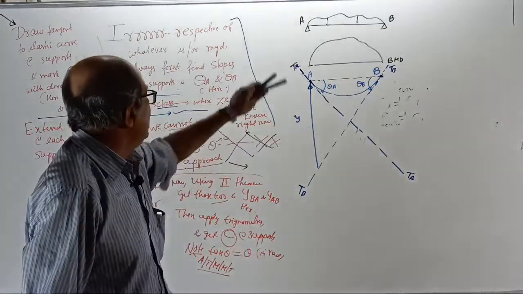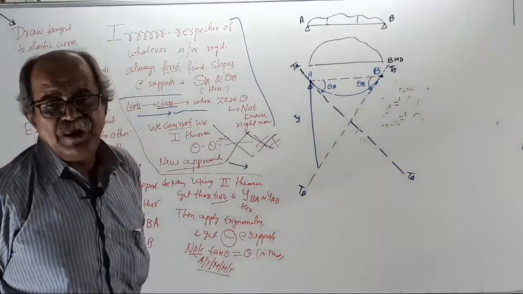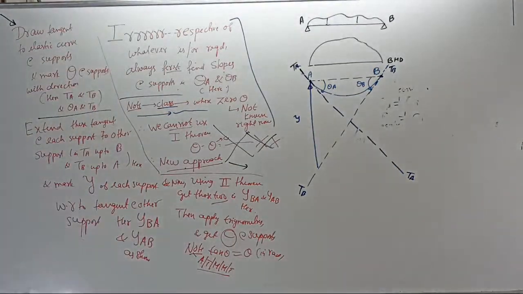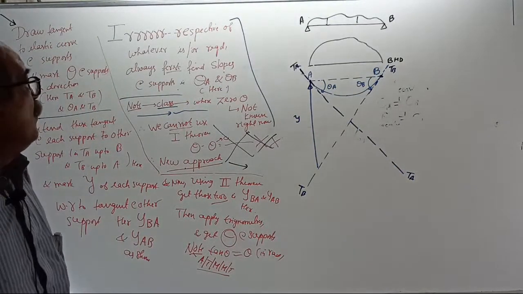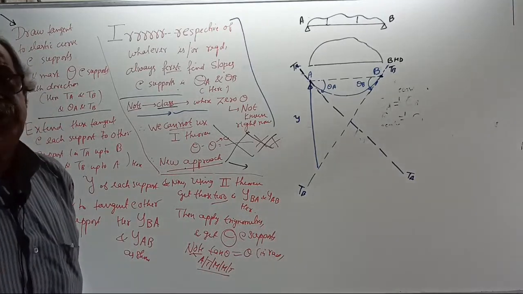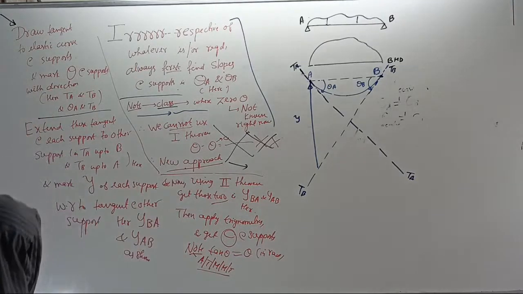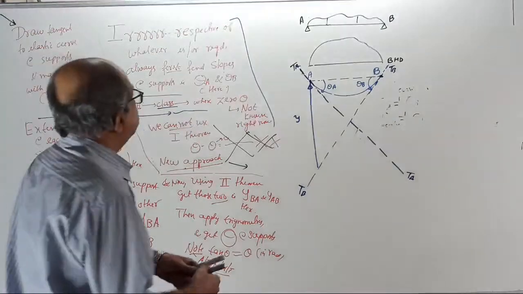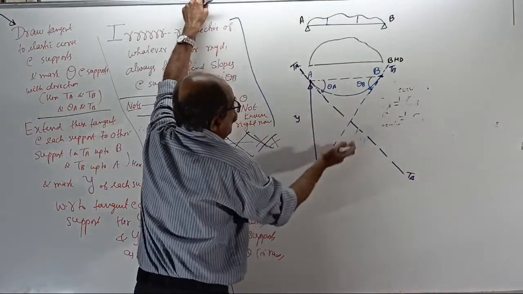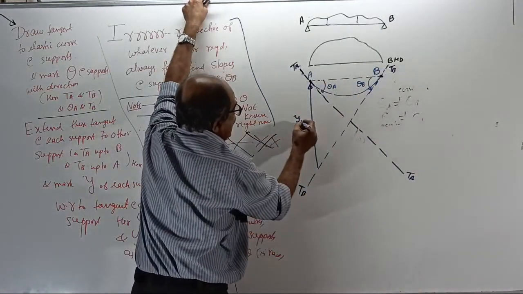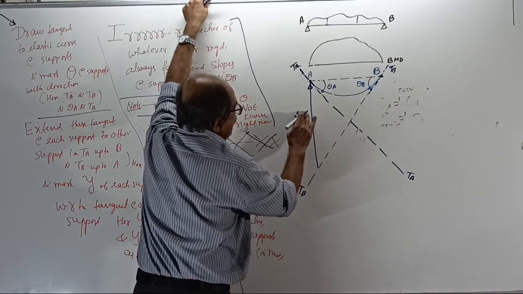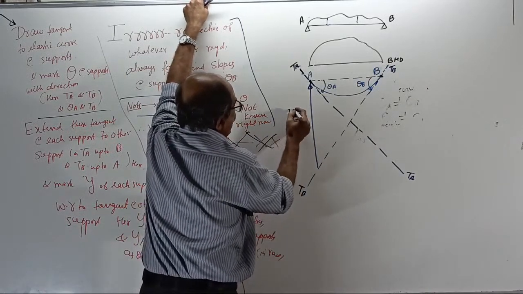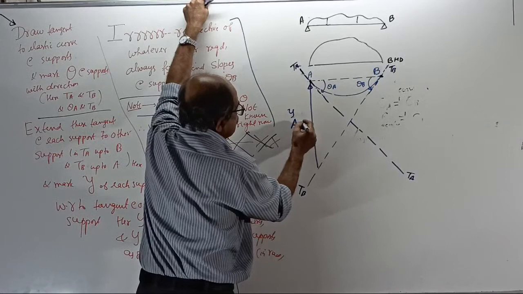What I marked there is Y of AB or Y of BA. Displacement of which support with respect to tangent at some other point. It is displacement of A with respect to tangent at B. So very important here, this is Y of A with respect to B.